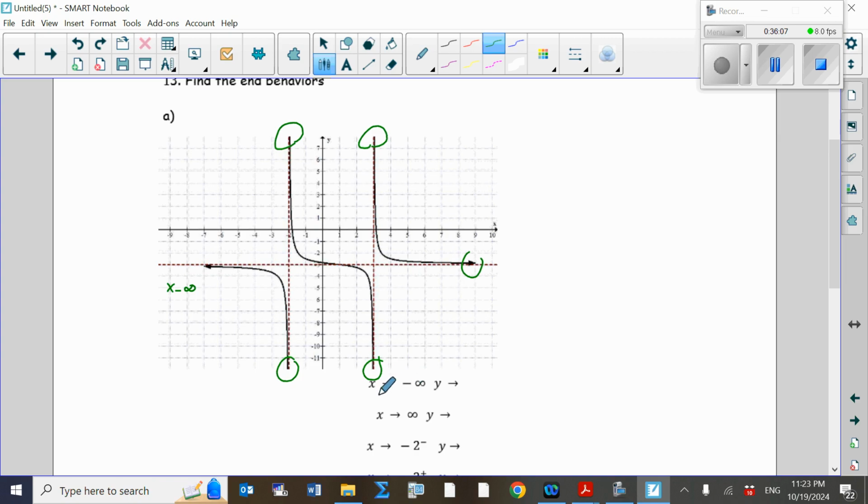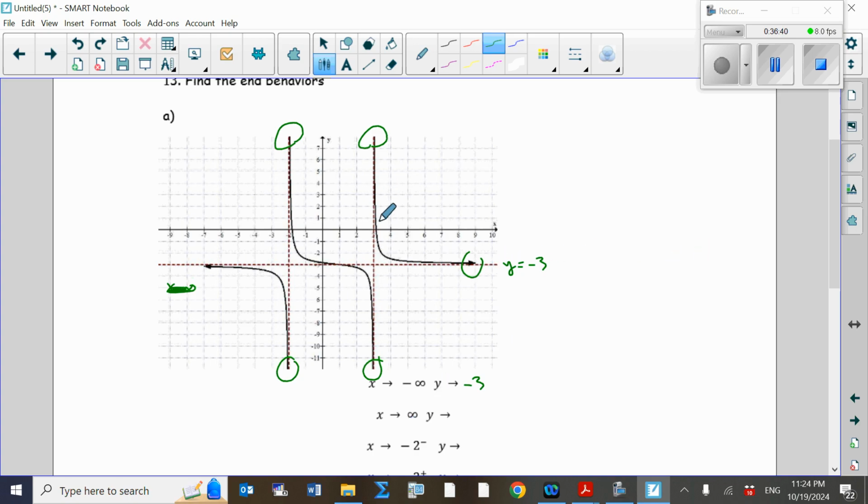So that's this part, x going to negative infinity. But what is the y doing? Look at the graph. It's getting close to this line, but doesn't pass. What is this line? It's at y equal to -3. So x goes to negative infinity, but y gets close to this line, doesn't pass that, so you just write -3.